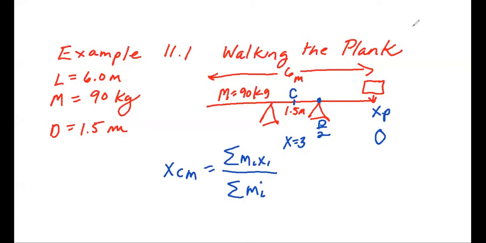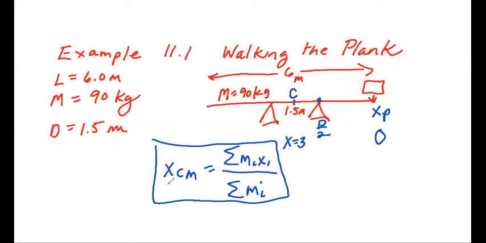Now we're going to use equation 11.3 to locate the center of gravity. This is the equation, by the way: the summation of the individual masses times X, over the summation of the masses, is equal to the center of gravity.